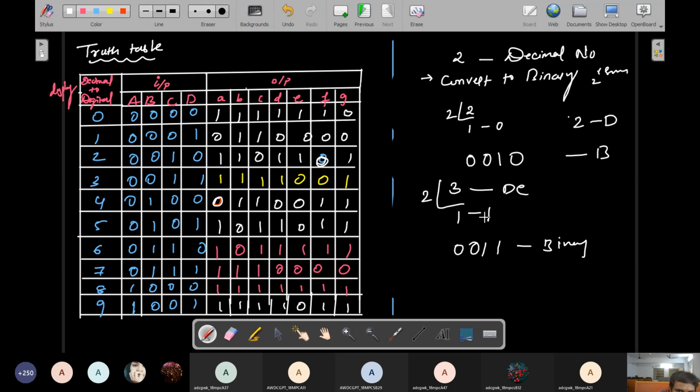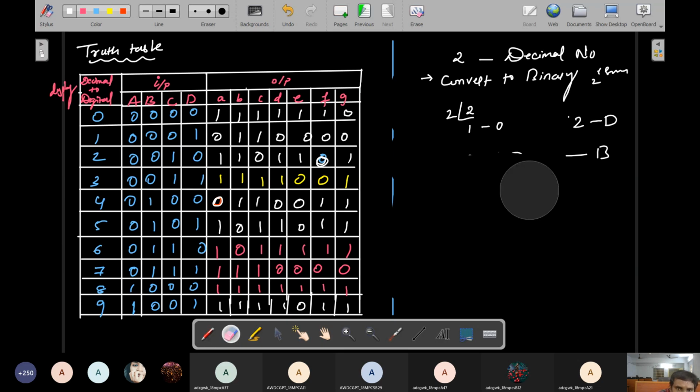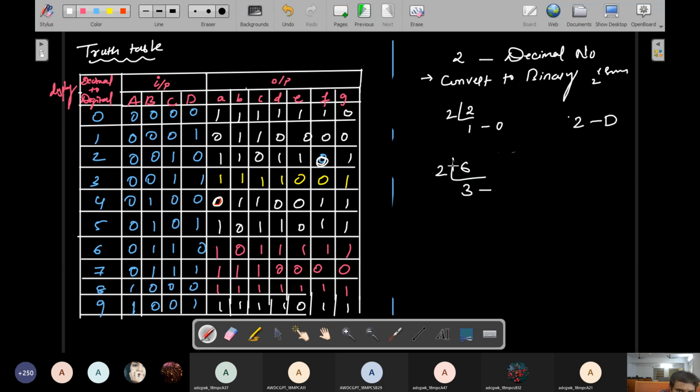If you consider 6, right now I'll do it for 6. Take the sixth input, 6, and divide by 2. 2 3s are 6, so the remainder is 0, because it is exactly divisible.